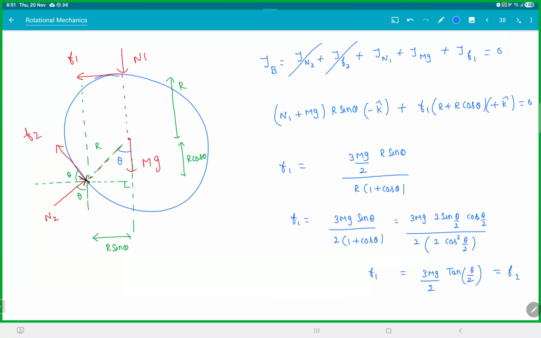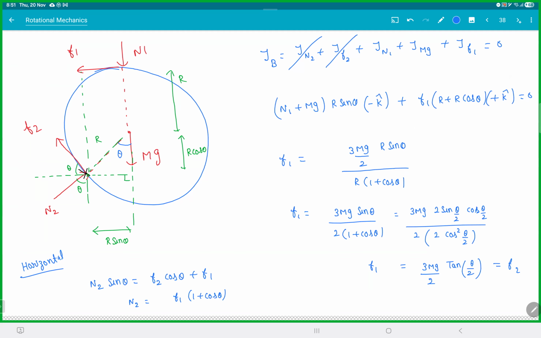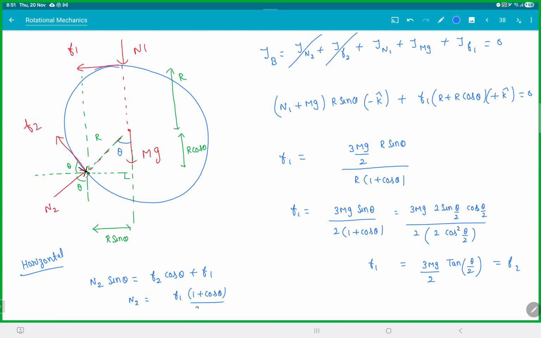So if you write in the horizontal direction, N2 sine theta must be equal to F2 cos theta plus F1. But I know F1 is equal to F2. Therefore, that will be F1 into 1 plus cos theta by sine theta. So you can substitute there, you get the answer.